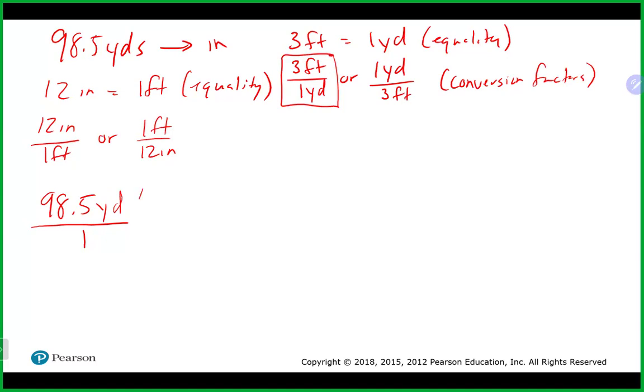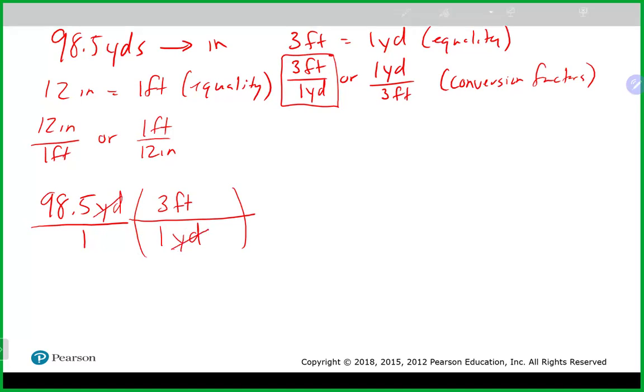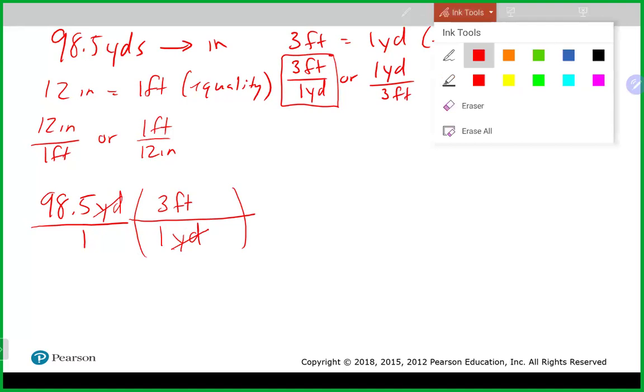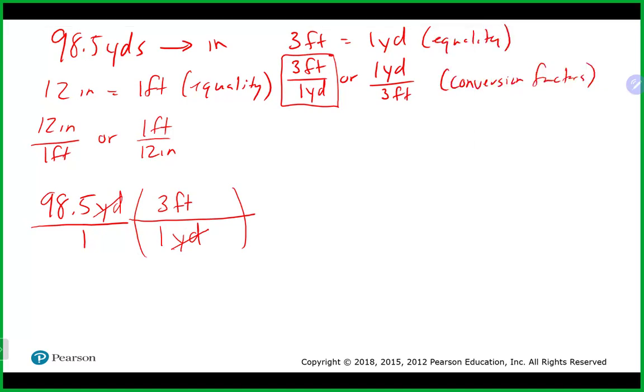And we'll set up our dimensional analysis so we can actually see those units canceling. We're going to go 1 yard on the bottom and 3 feet up on top. If I stop the calculation right at this point, the yards up on top will cancel the yards on the bottom. I am left with feet up on top, right?